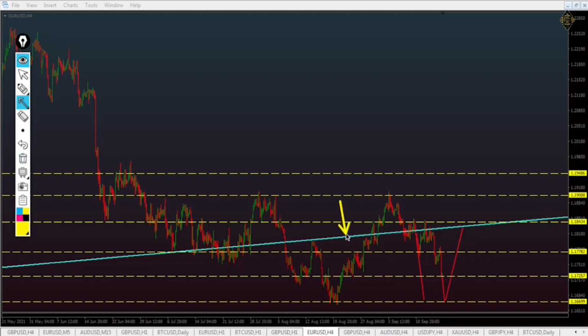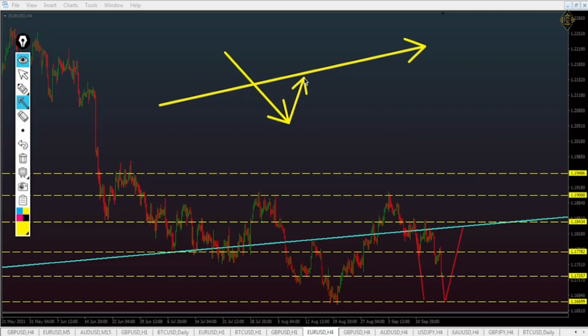Because here we got a trend line, and that trend line is being broken in daily. So it needs to make a low, to go back and touch that trend line. And from there, it will fall down. So it will give you a low, a high, and it needs to give you another low.